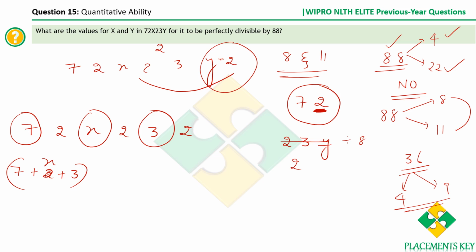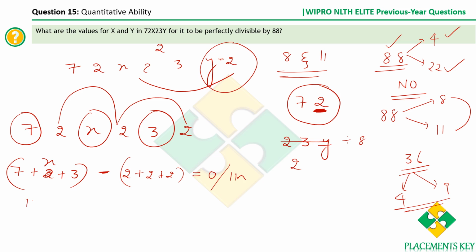Let's take the sum of digits in even positions, 2, 2 and 2. So 2 plus 2 plus 2. Let's find the difference of them. The first step is finding the sum of digits in odd positions. The second step is finding the sum of digits in even positions, and this difference has to be either 0 or a multiple of 11. Okay, so let's simplify it.